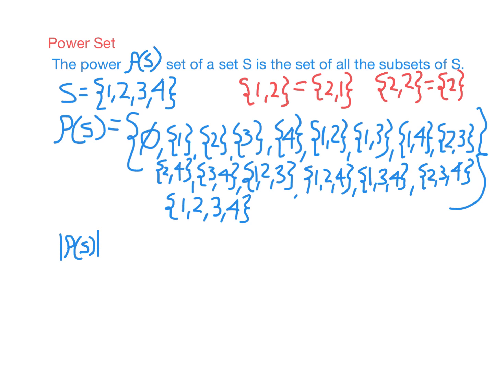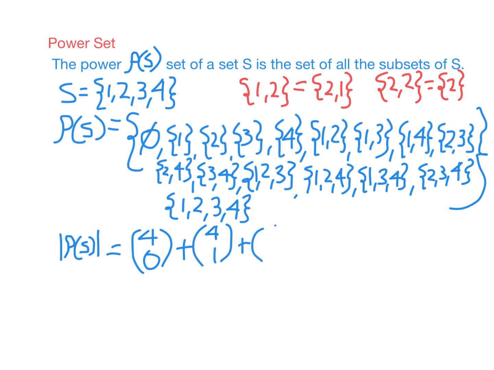So let's look at how many elements will be in the power set of a set like this. Well, firstly, we looked at the sets in which there were no elements. So there's only one of those. So we had 4 elements from S, 1, 2, 3, 4, and we chose 0 of them. Then we went through and chose all of the sets in which 1 element was taken from S. The number of those sets is 4 choose 1.